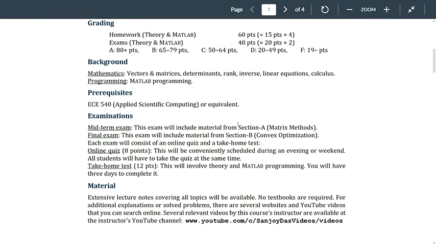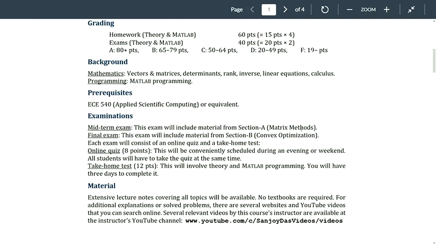Now, this is how it will be. There will be 2 sections in this course which are pretty independent of one another. Section A is matrix methods, and section B is convex optimization.